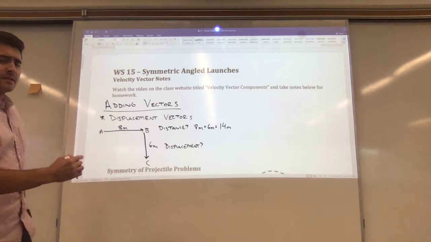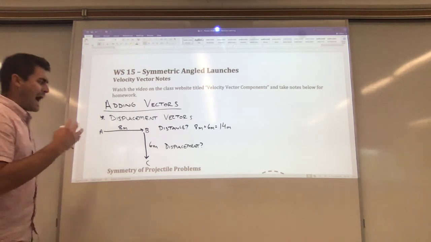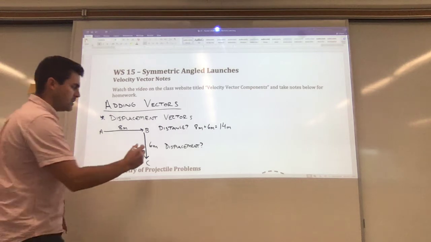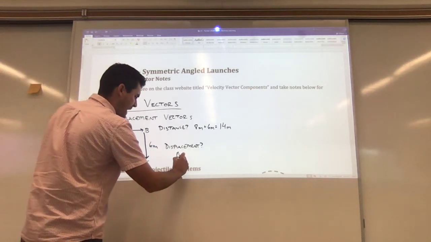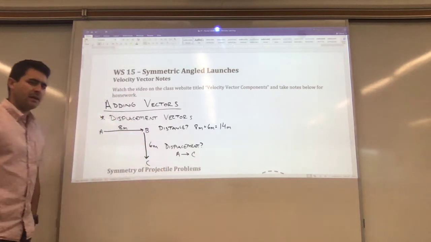But displacement's a little different. Displacement asks, how far have I moved from my initial position? So how far away am I from A when I am at C?